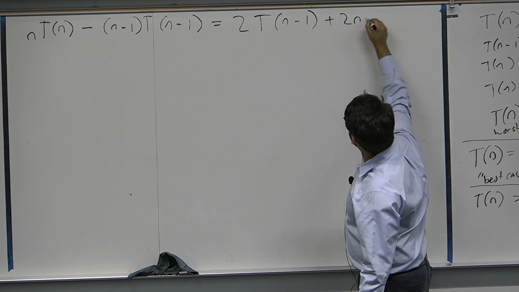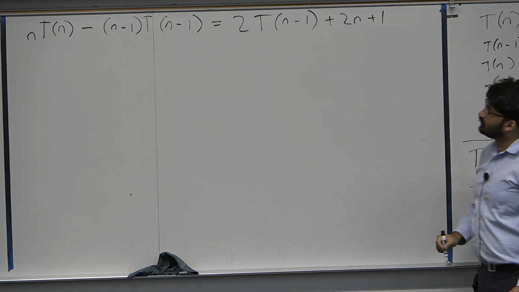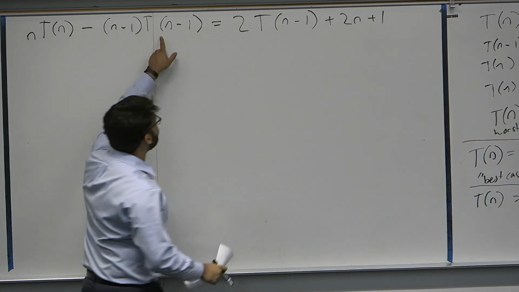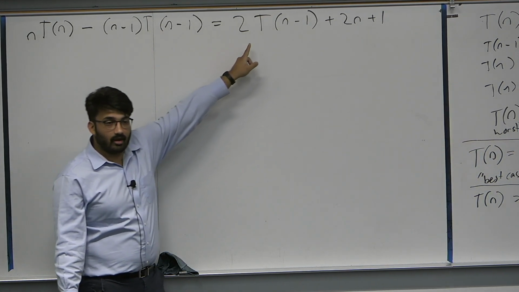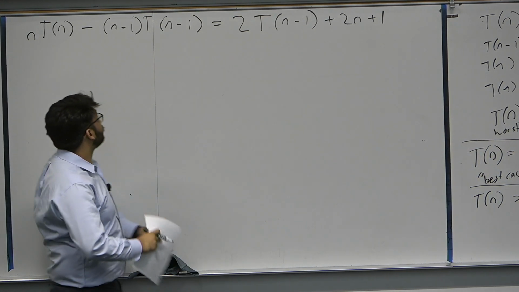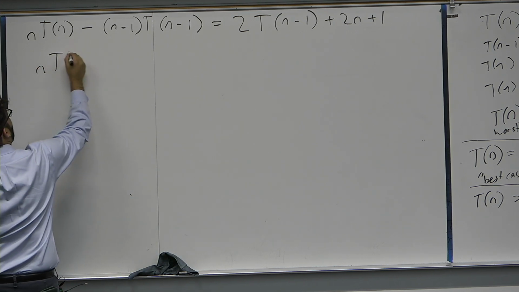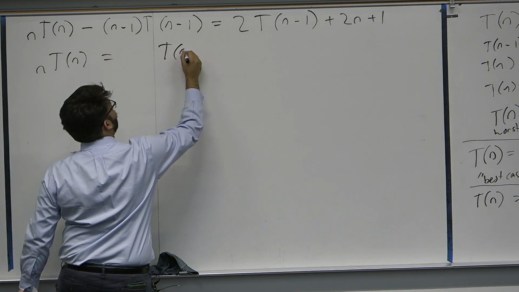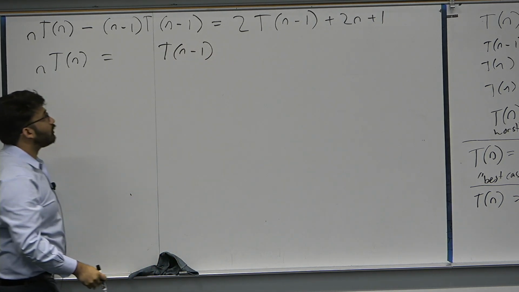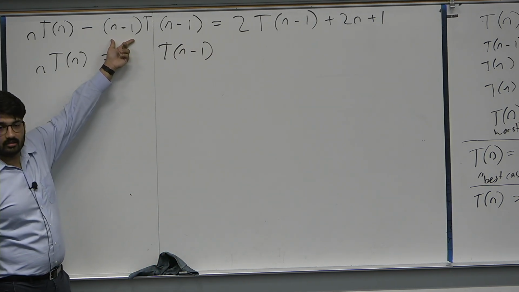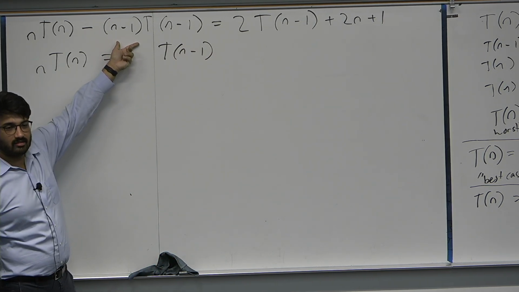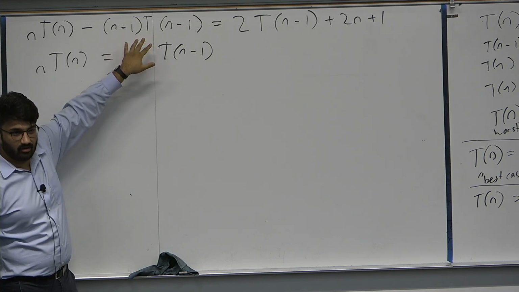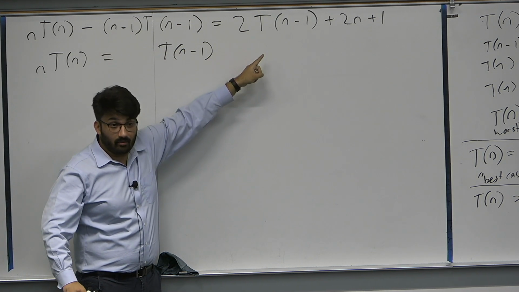Okay, well, I have a t of n minus 1 over here and a t of n minus 1 over here. We can get a recurrence. n times t of n is equal to what times t of n minus 1? We have negative n minus 1 times t of n minus 1 over here, and we have 2 t of n minus 1 over there.